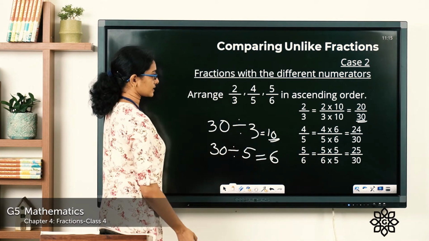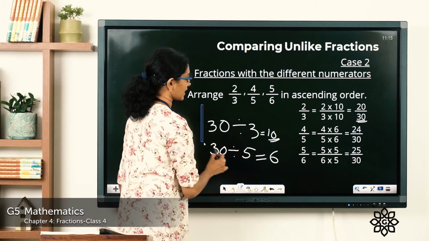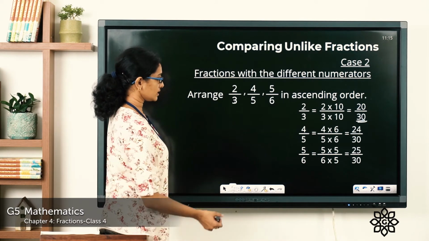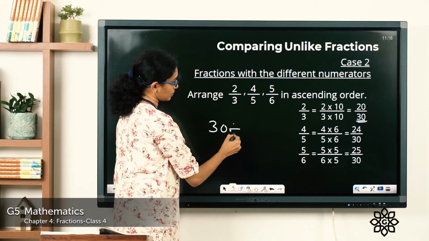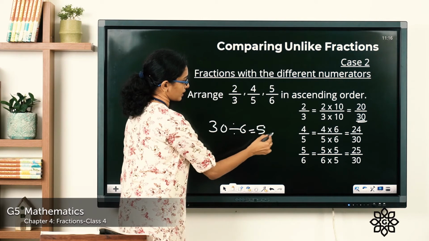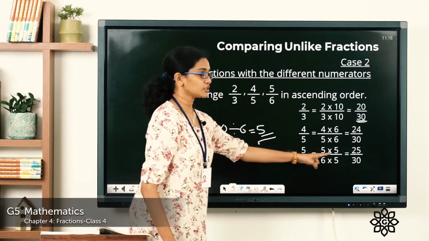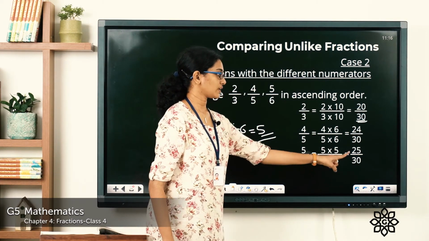Now, the third case. What is the fraction? In the third case, the fraction is 5 by 6. And how can we change it? What is 30 divided by 6? 30 divided by 6 is equal to 5. So, let's multiply this 5 with both the numerator and the denominator. So, 5 5's are 25 and 6 5's are 30.